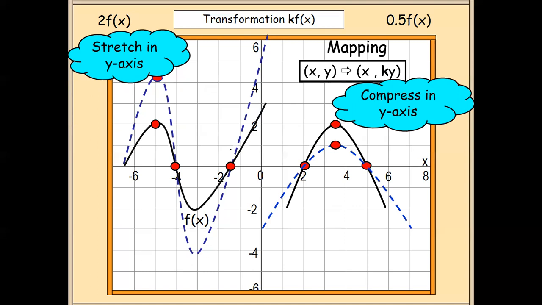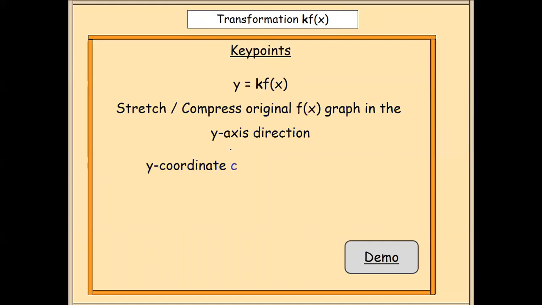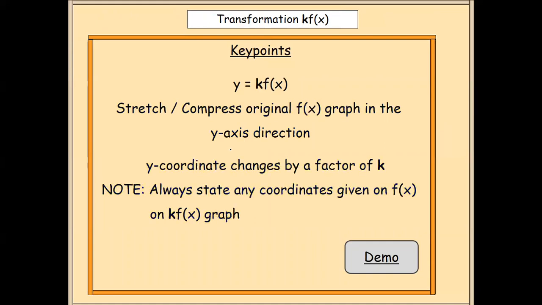So we've just compressed that signal. Okay. So important, when k is less than 1, it will compress it. If k is more than 1, it will increase the signal. Okay, so stretch, compress, depending on the value of k. Key points for that one.